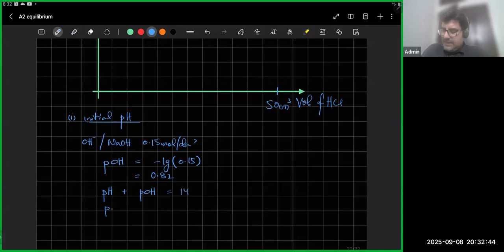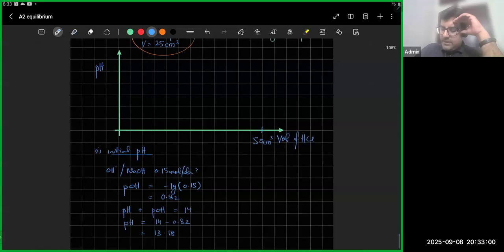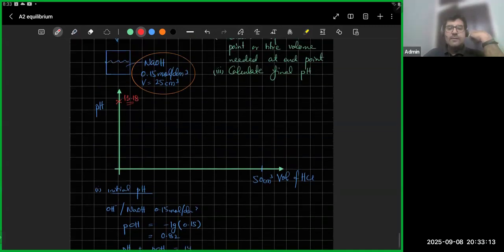So that means my pH would be 14 minus 0.82, which comes out to be 13.18. So my starting pH right at the beginning is 13.18. Is that clear? That's where we're starting off.